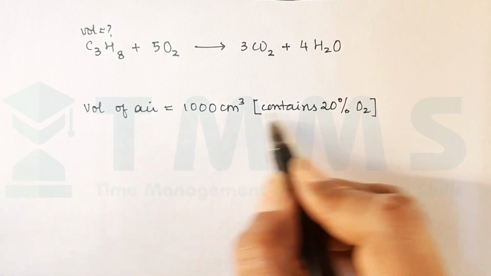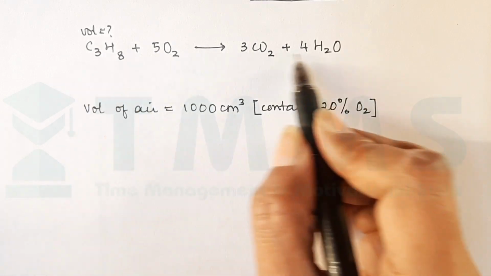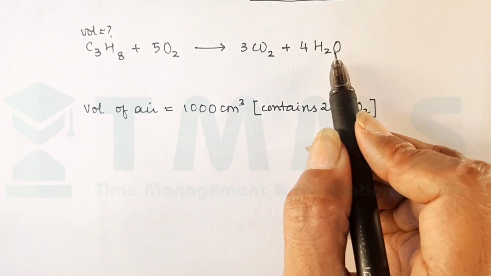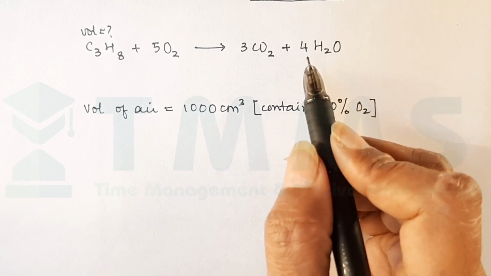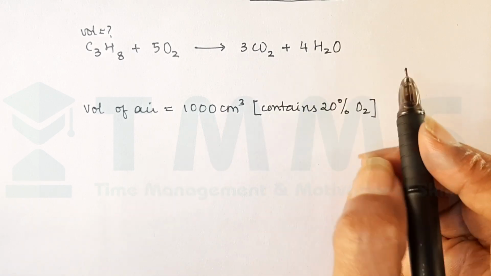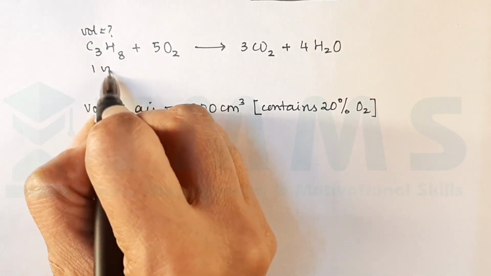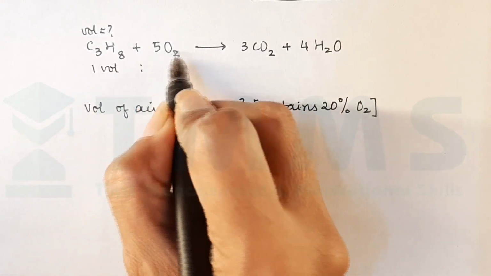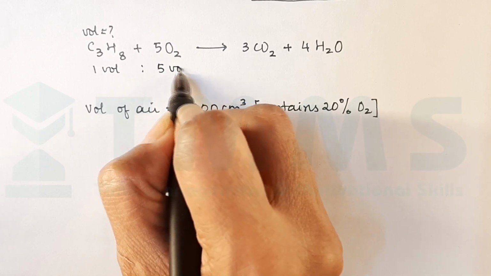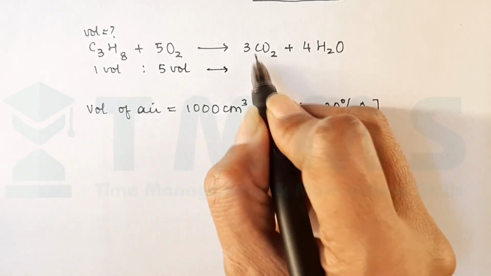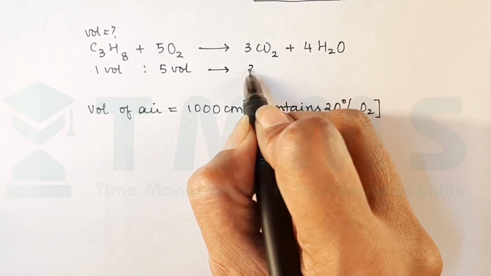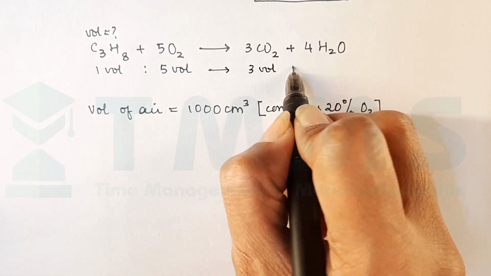Now, before we even touch this, let us look at the ratio of the combining volumes and the volumes of the products. This is one molecule, so this is one volume. These are 5 molecules, so this is 5 volumes of oxygen. And this is 3 CO2, so that is 3 volumes.